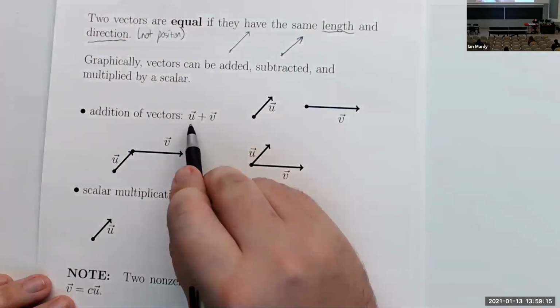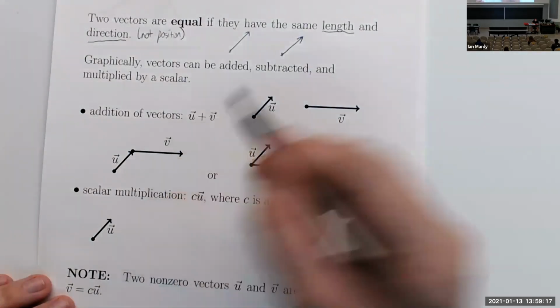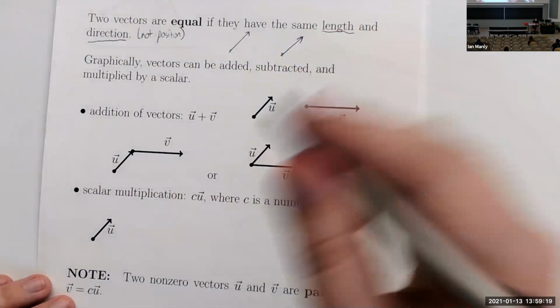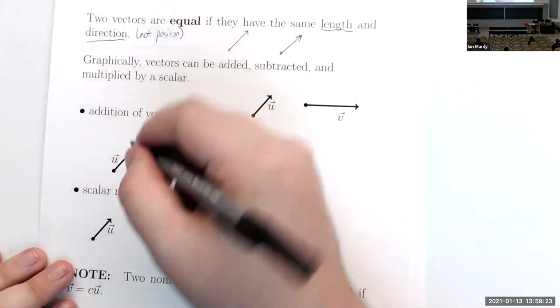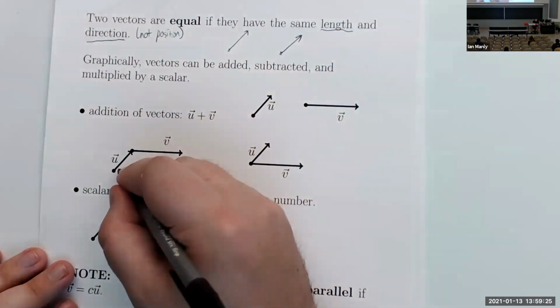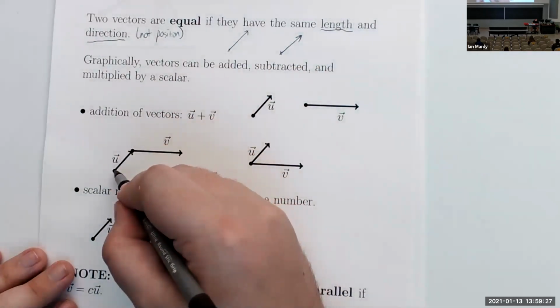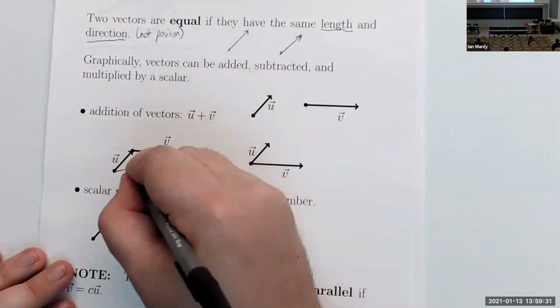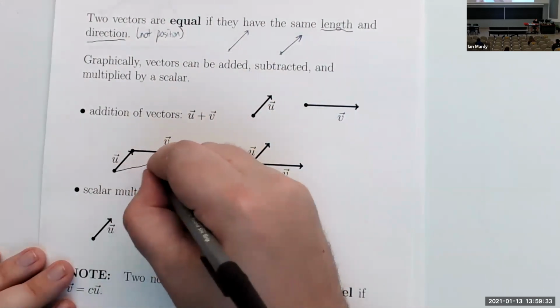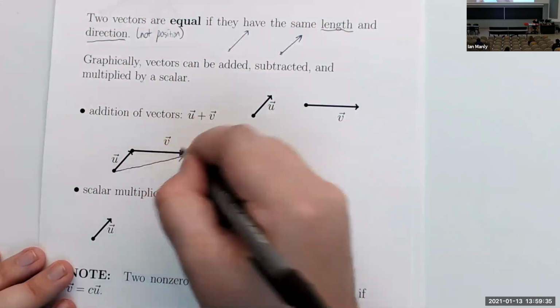Now, what happens if we add two vectors together? What does that actually mean? Well, there's two ways to interpret this. There's the vector addition where we start from the beginning of the first vector and go to the end of the second one. So if I were to start from here, my vector would end up going all the way over here.